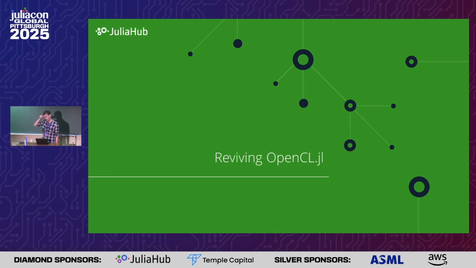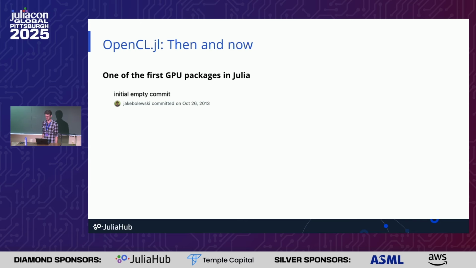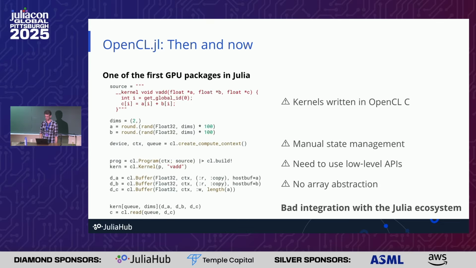So that's what I've been working on for a handful of months, the past couple of years: reviving OpenCL.jl such that we can use it to target the CPU backend of PoCL and unleash KernelAbstractions. So as I mentioned, OpenCL was one of the first GPU programming packages that we had in Julia, which as a result also influences how you program a GPU with it.